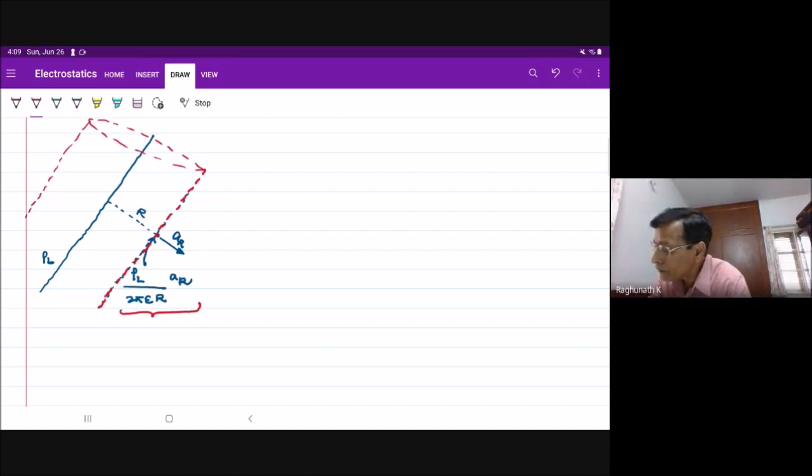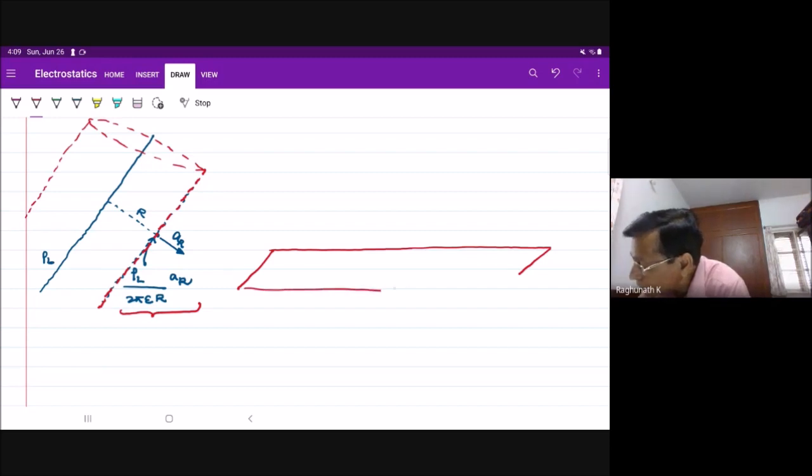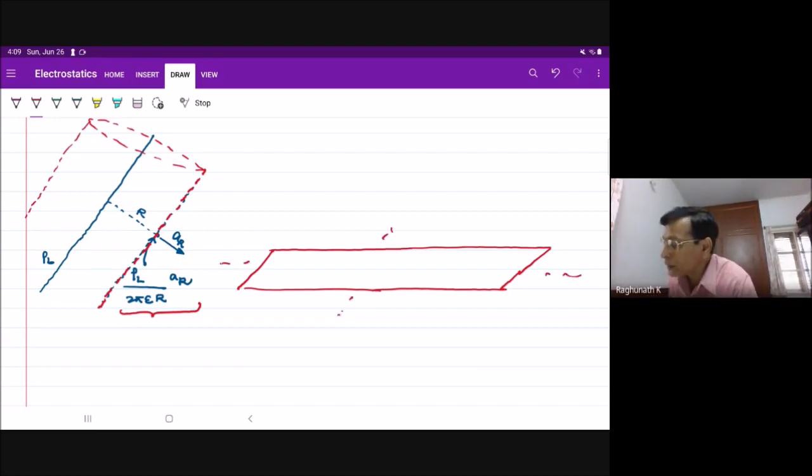Then we considered infinite surface charge on a plane surface extending from minus infinity to plus infinity, with rho s as the charge density, charge per unit area, and is constant throughout, uniformly charged surface.